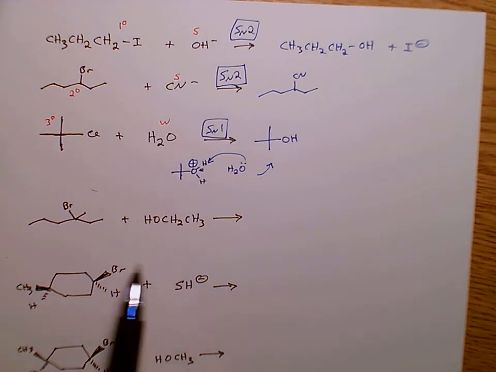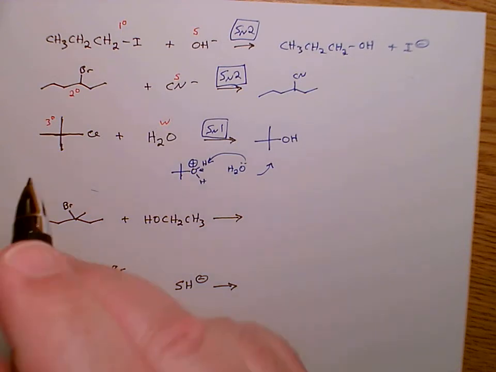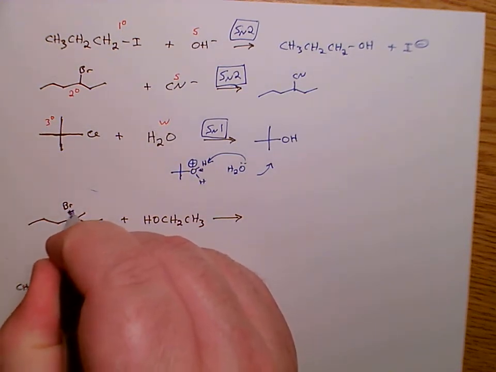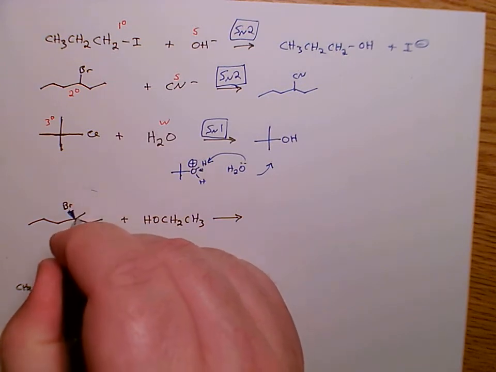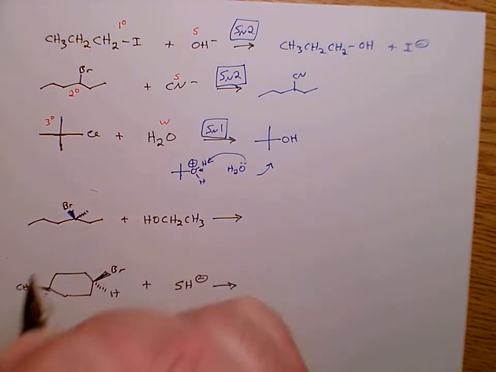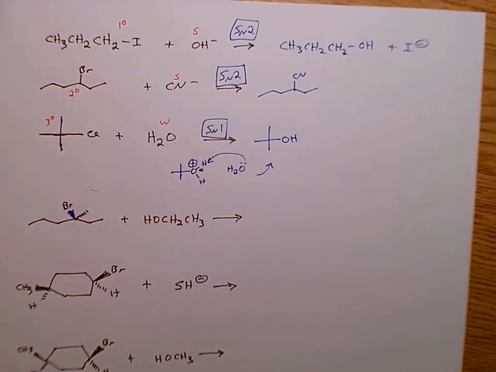All right. Okay, what do we have here now? Well, I'm going to change this up just a tad. And let's say that the bromine is coming out at us and this methyl group is going back. Okay.